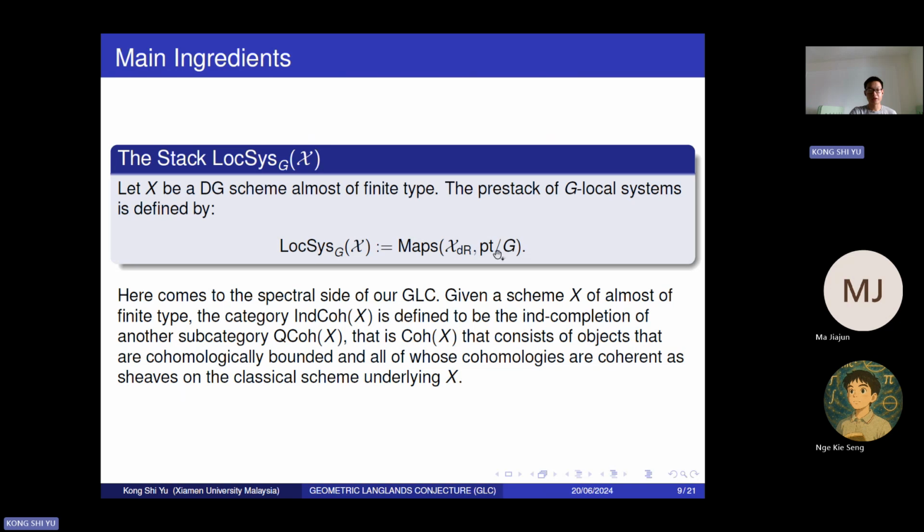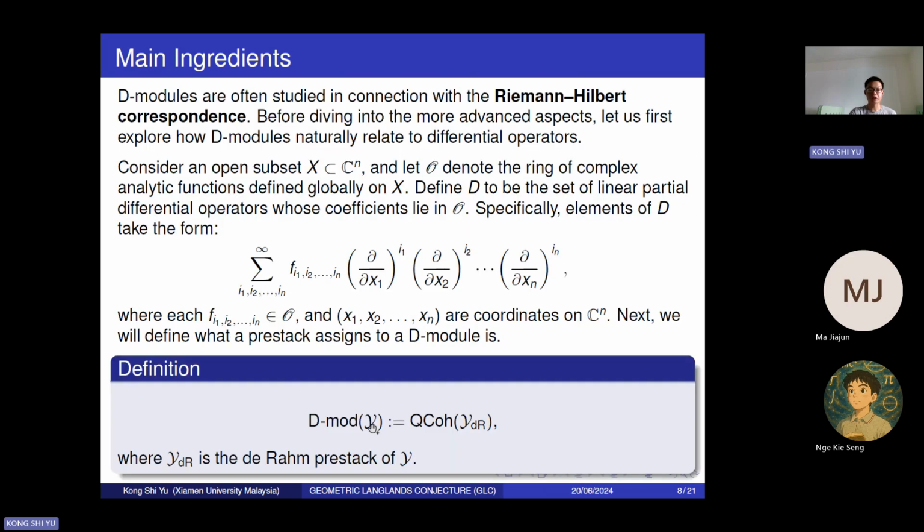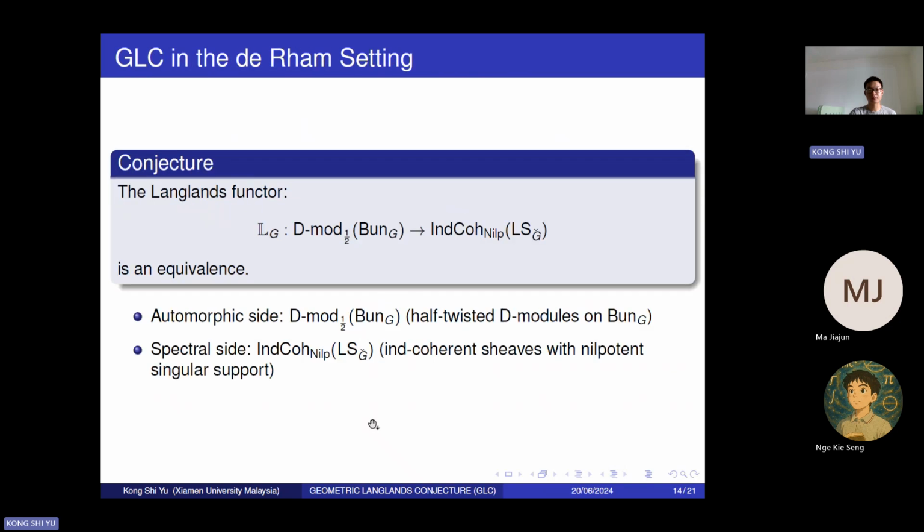With this in mind, we need to assign our local system into this category, the spectral side of GLC.